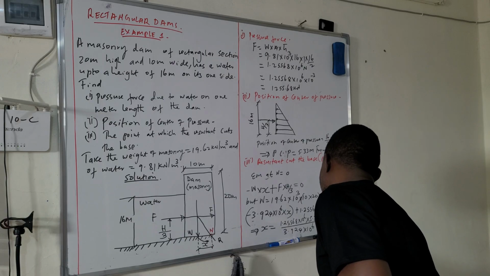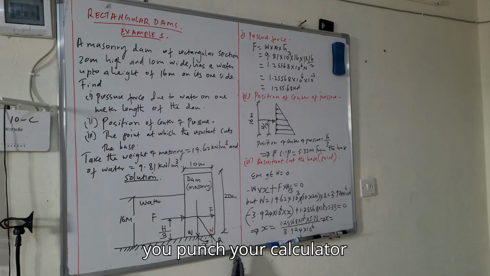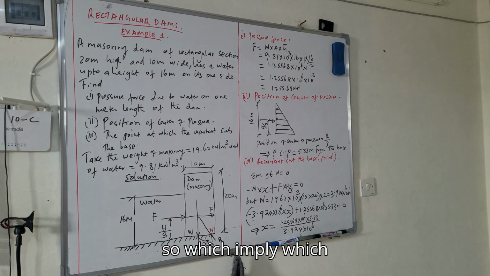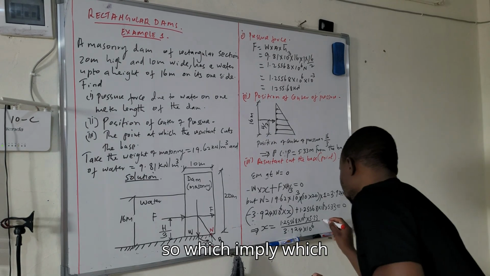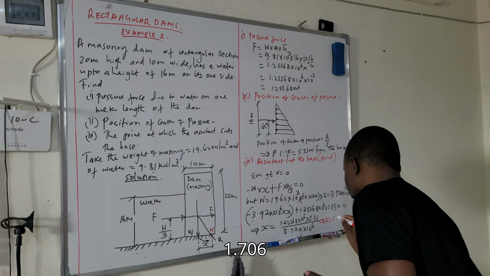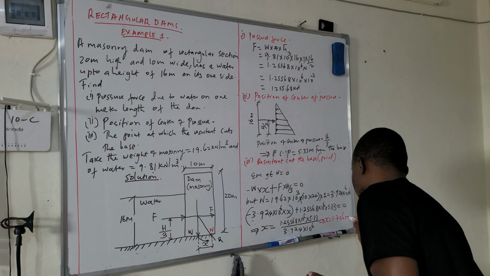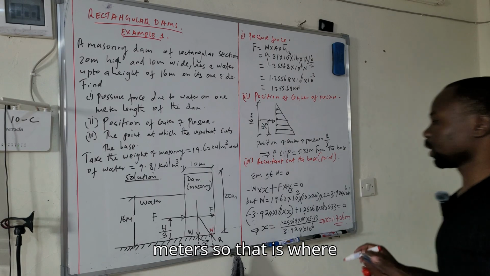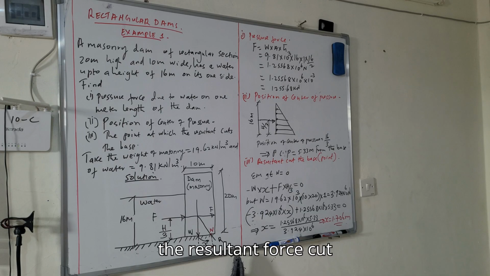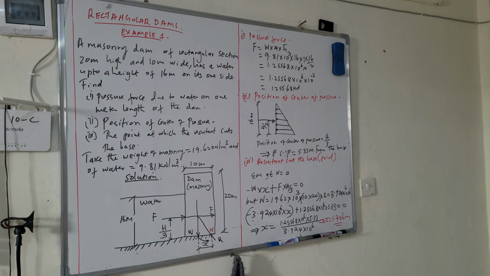Then you punch your calculator, which implies x is equal to 1.706 meters. So that is where the resultant force cuts the base. So that is the end of that question.